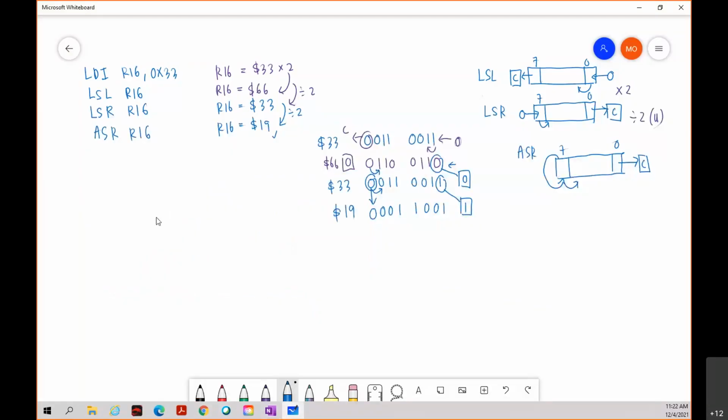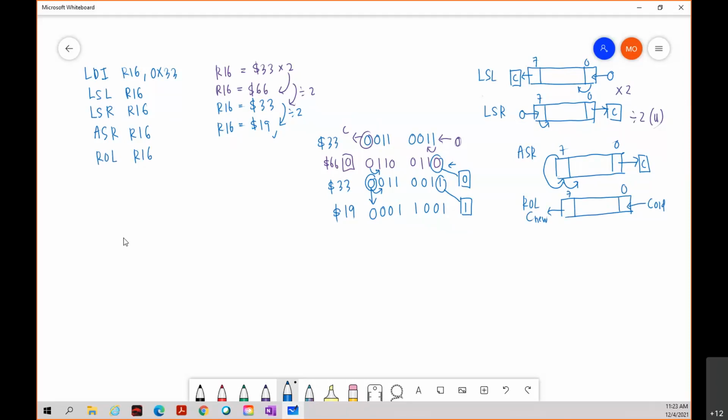Okay, again, now we have ROL R16. So what does the ROL do? This is your C old, which goes to your bit 0, and bit 7 goes to your C new. So from the previous instruction, your R16 is 19.